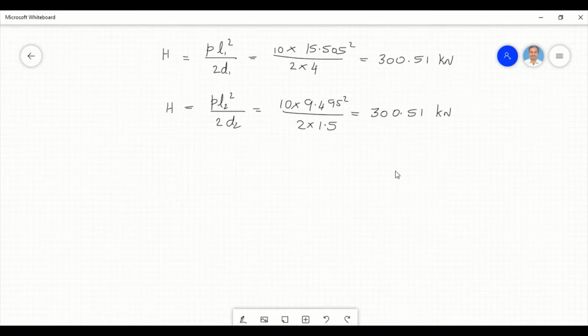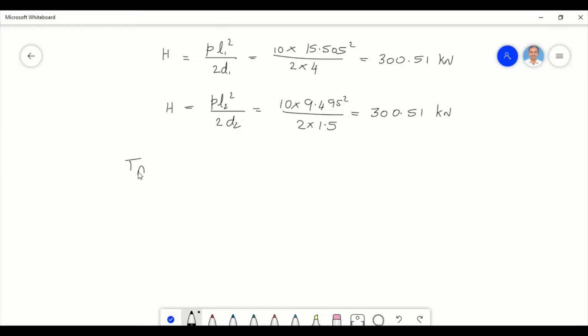Now we will find the value of tension at A and the tension at B. T is nothing but the resultant of VA and H. So it is square root of VA square plus H square. VA value is 155.05 and H is 300.51. So the value of TA comes around 338.15 kilonewtons.